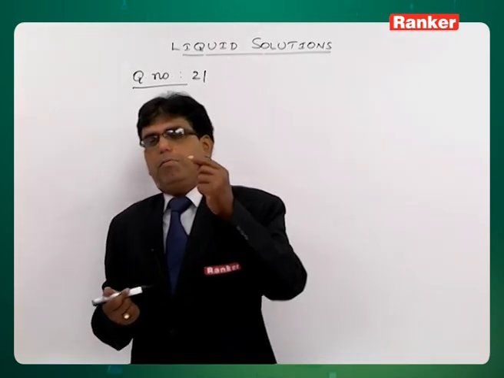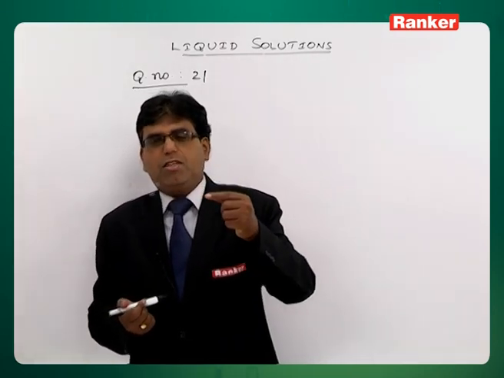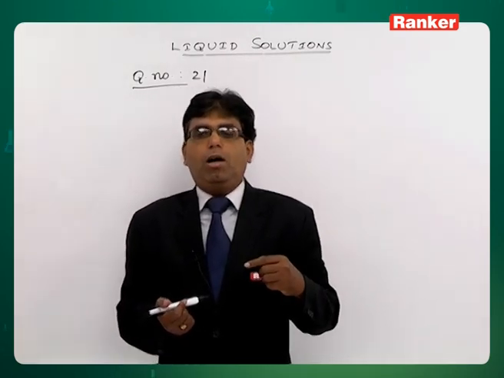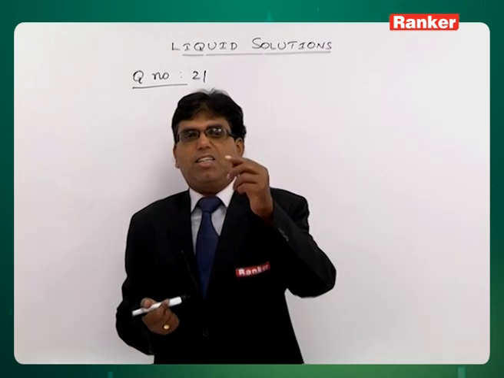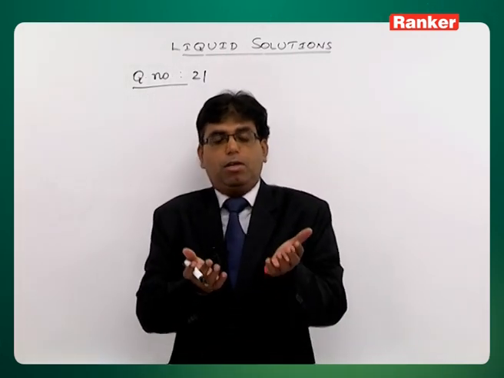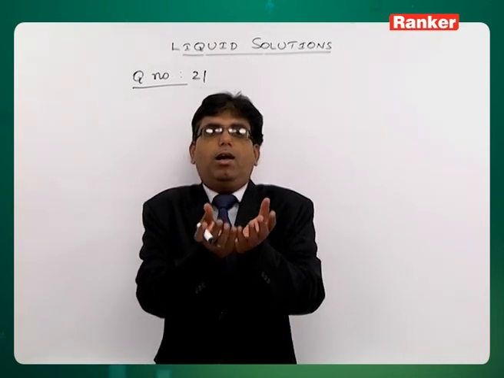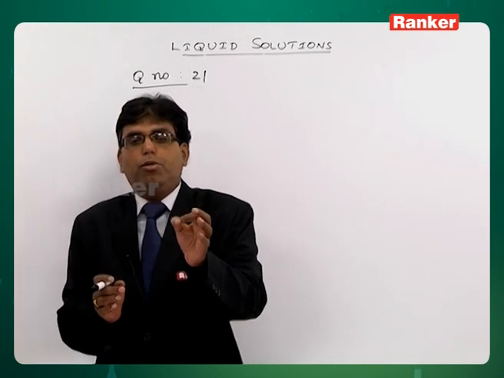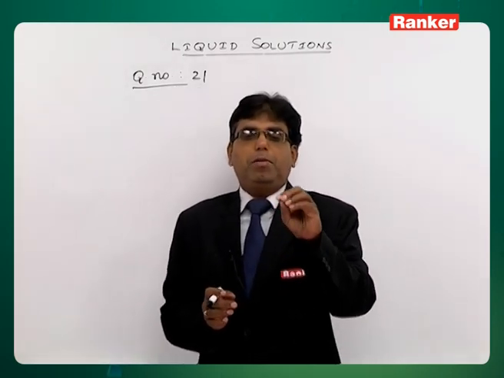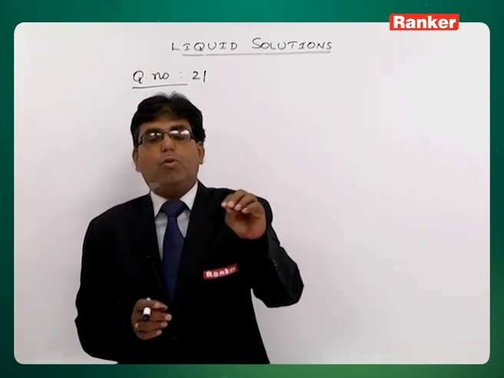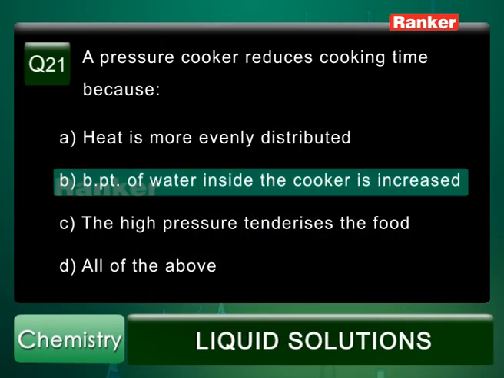By increasing the boiling point, water will absorb more heat and allow the food to cook fast. So, basically the reason is that the boiling point of water inside the cooker is increased. So, the correct answer is option B.